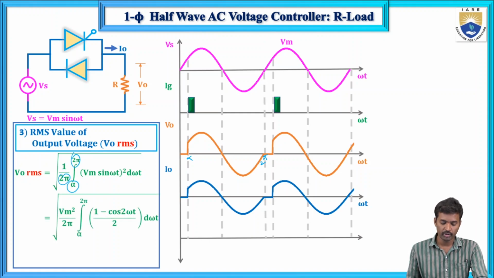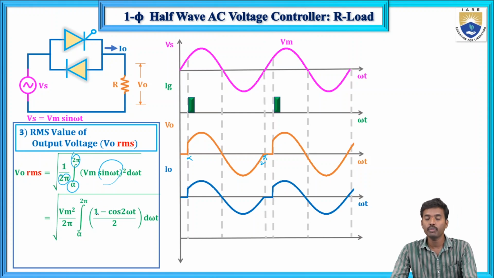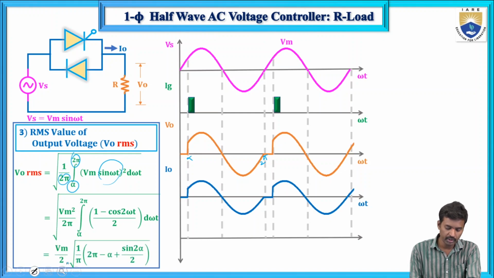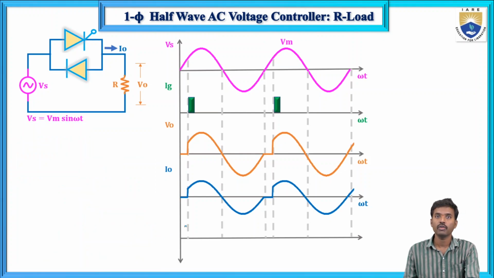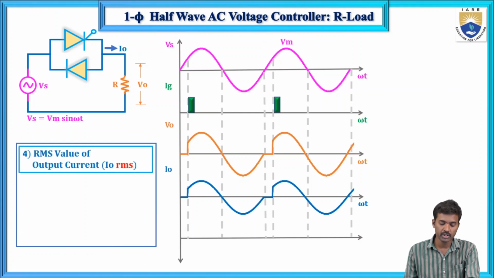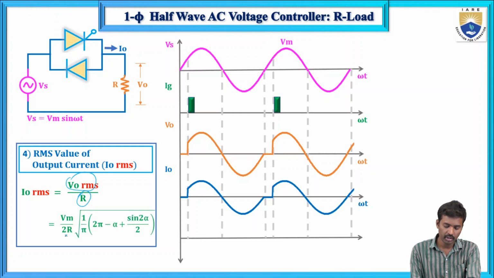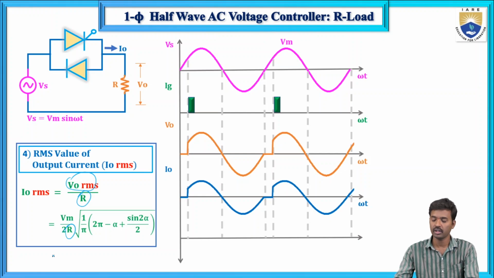If you simplify, sin square theta equals (1 minus cos 2 omega t) by 2, so we get Vm by 2 times the square root of 1 by pi times (2 pi minus alpha plus sin 2 alpha by 2). The RMS output current I0 RMS equals V0 RMS divided by R.